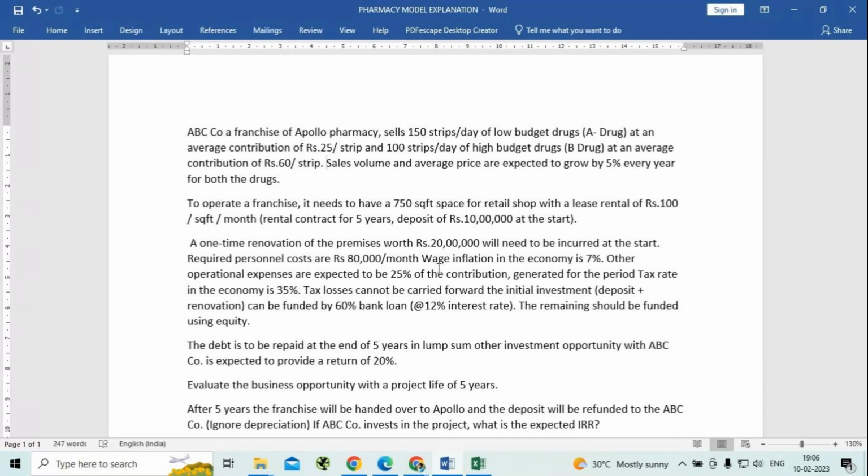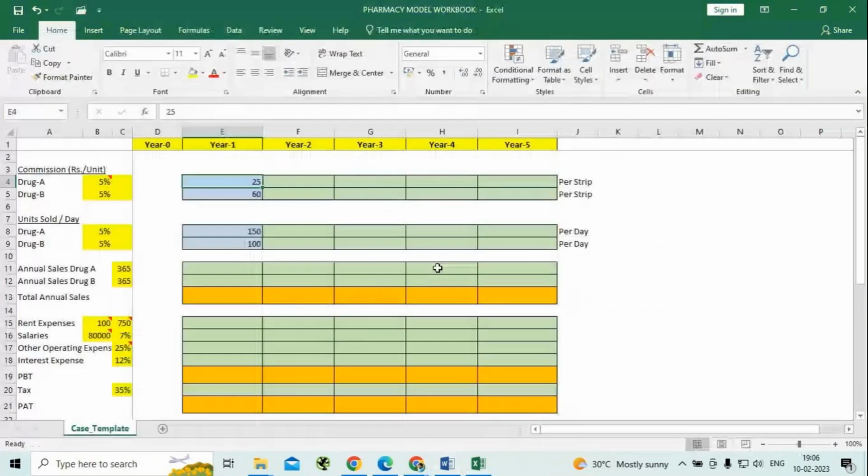That means, obviously, whenever the value of a good increases, when the sales increase, the commission also will increase with it. So how do we calculate this 5% increase from year 2 onwards? At least I want you people to do this 5% increment from the previous year's value.